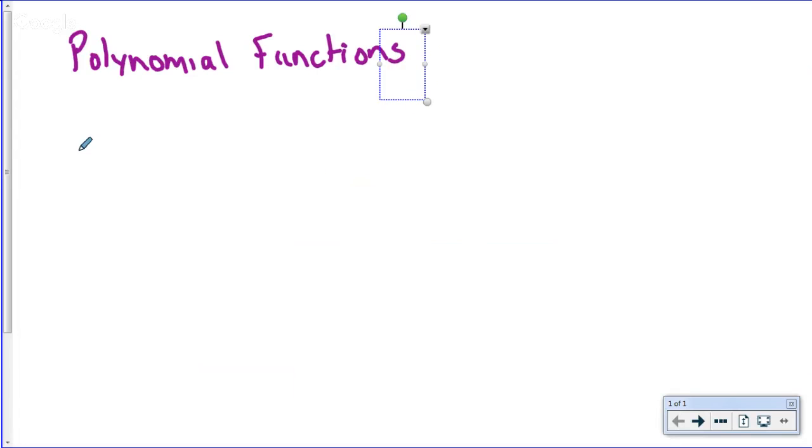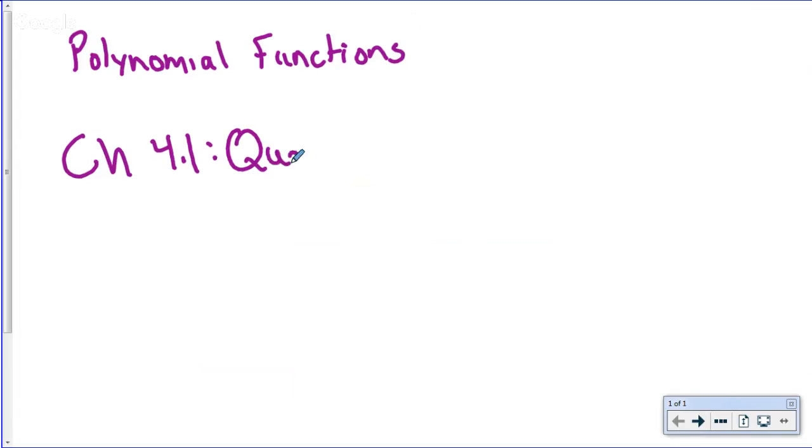Okay, so we'll start with chapter 4.1, which talks about quadratic functions.